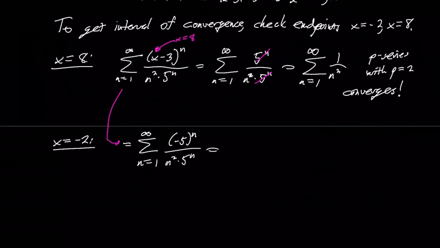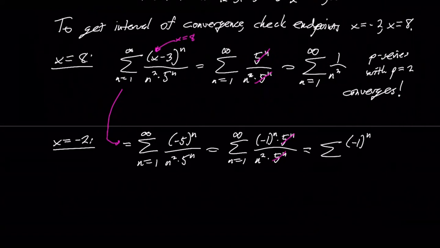You could write this out term by term until you see the pattern, but we can factor the numerator as -1 to the n times 5 to the n. And we have the 5 to the n in the bottom still. So now these cancel, and we're left with just -1 to the n over n squared.